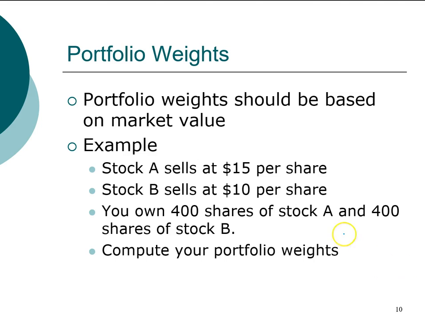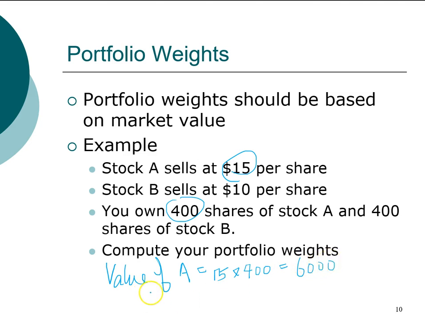So for stock A, the value is equal to the stock price of $15 times the number of shares that you own, 400 shares. So that's $6,000.